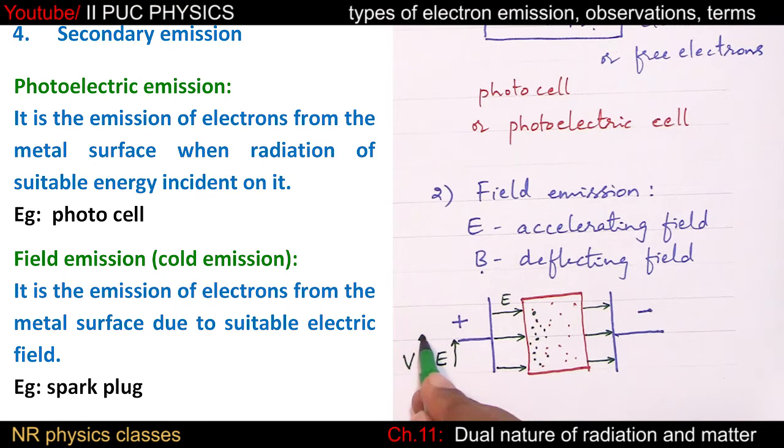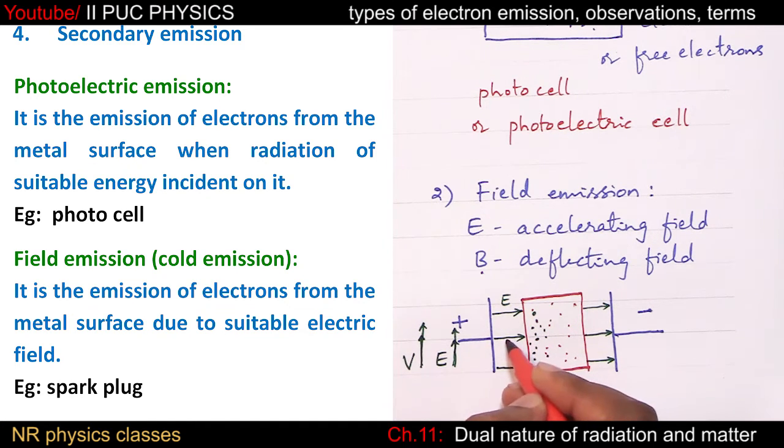If the voltage is further increased, then the electric field strength also increases. Then this electric field can remove electrons from the surface of the metal. Because of a very strong electric field, the electron can come out, meaning the electron starts moving towards this positive plate. See, there is emission of electrons due to the electric field. So this type is called field emission.